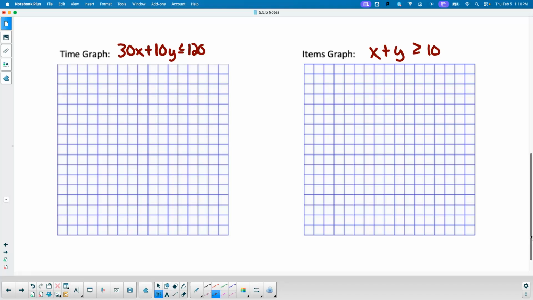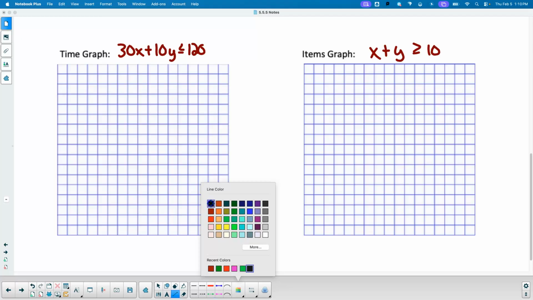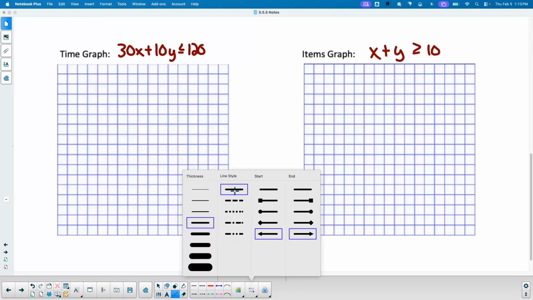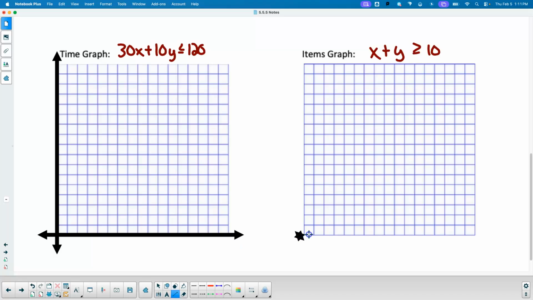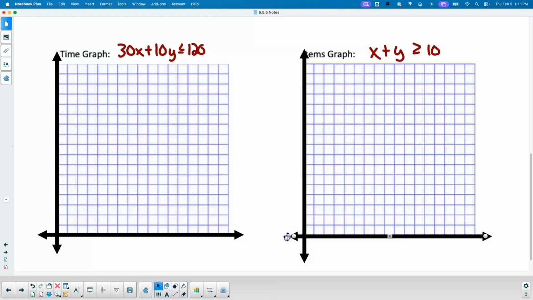Do I need negative values on my x-axis or my y-axis? Nope. So we can go there. So we said x was poems, right?